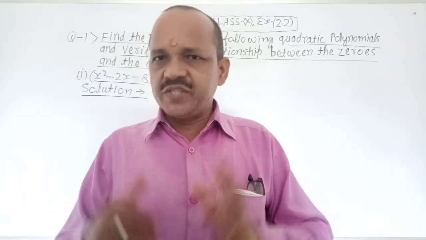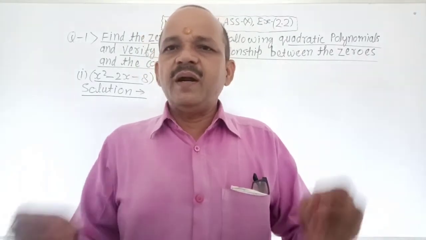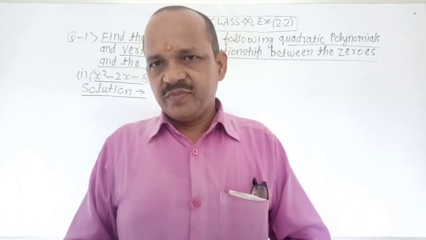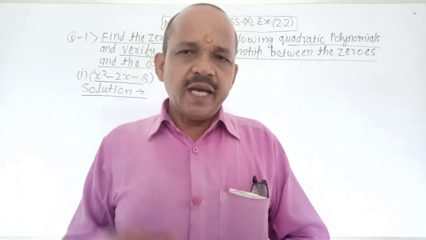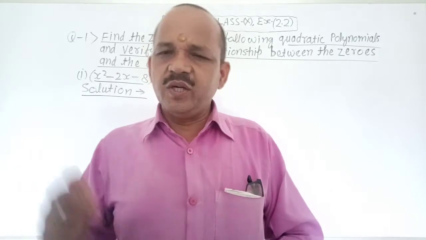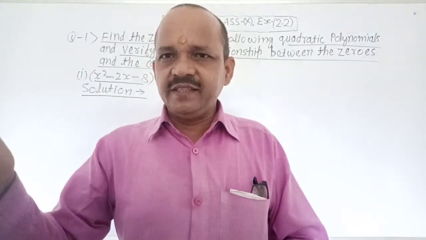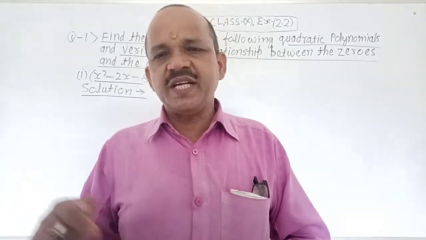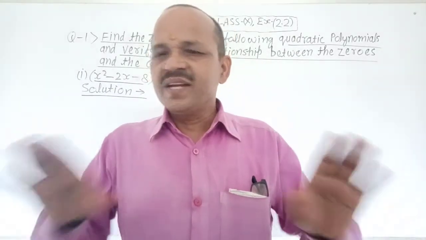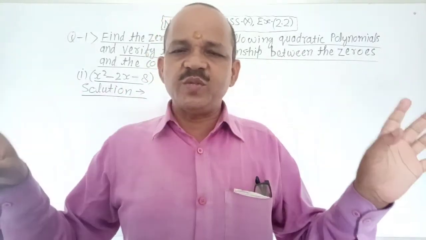Now I want to describe the product of zeros equals alpha multiply beta equals c by a equals constant term upon coefficient of x square. It is clear, no confusion about it.